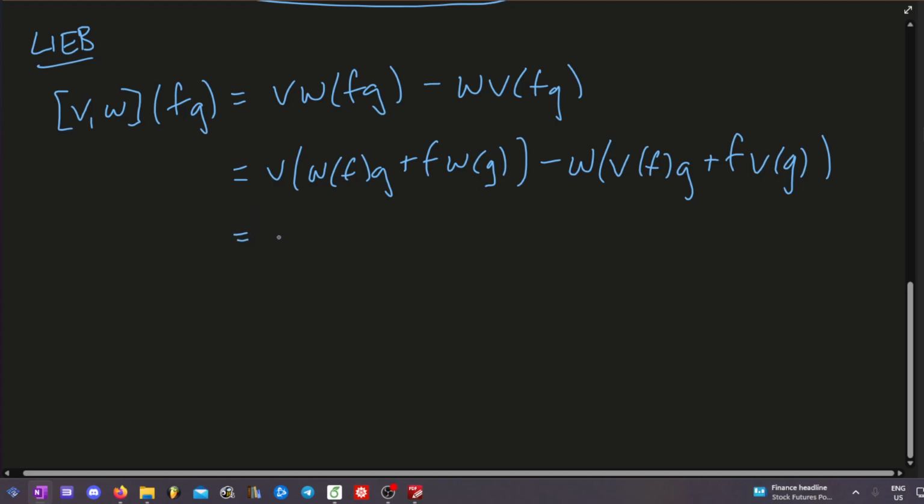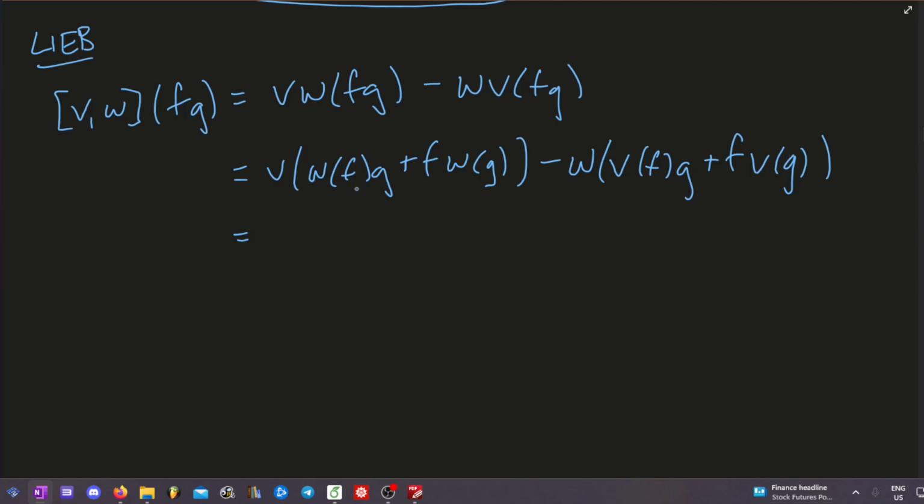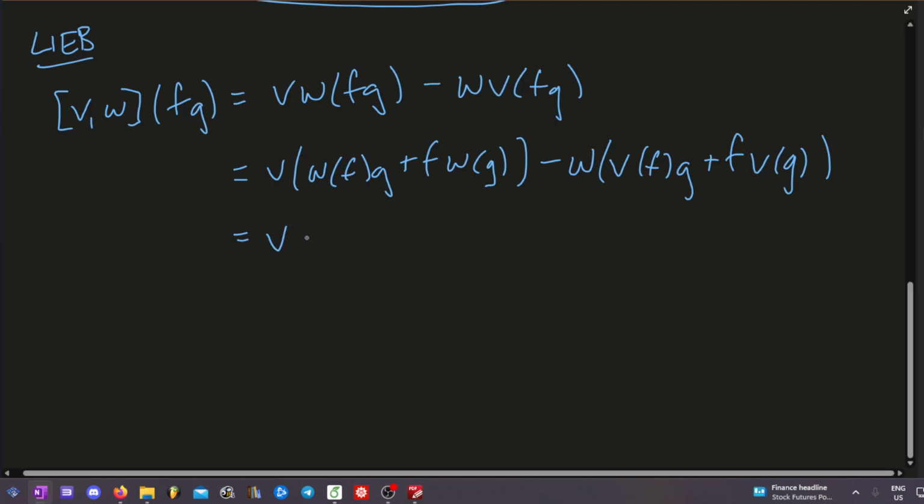Again, we can just keep expanding here. So we're going to get two terms from this term. We're going to get v acting on w acting on f times g. We're also going to get w acting on f times v acting on g.